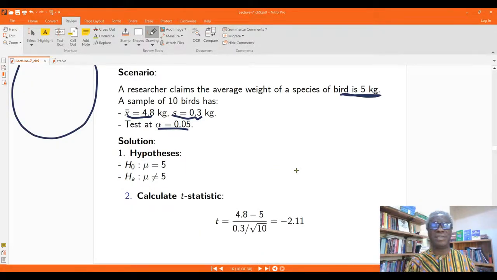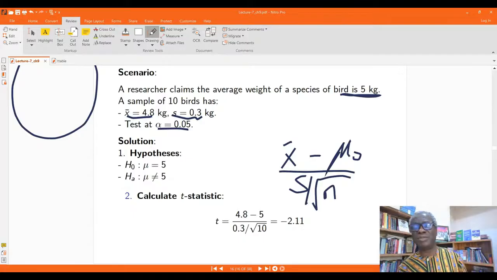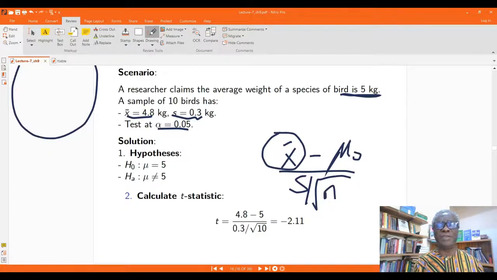the t statistic. Remember in the formula, this is x bar minus the specified value, over the sample standard deviation divided by the square root of n. In our calculations, we've obtained the mean to be 4.8.